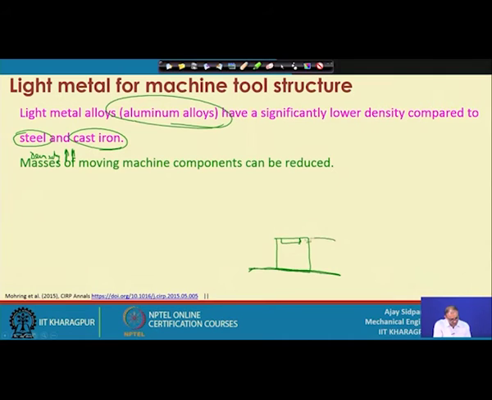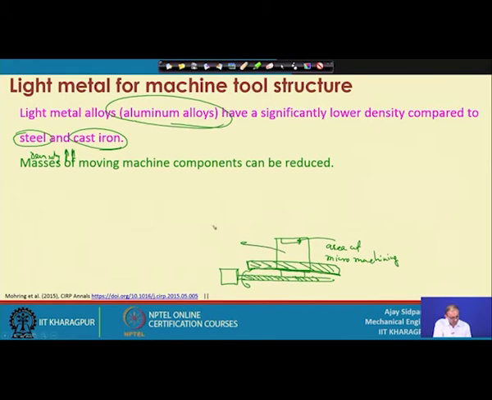So, this is the area of micro machining, right. Here you might have a lead screw, and this particular table is attached to it, and you have a motor which is rotating this lead screw. So, the whole thing will move.